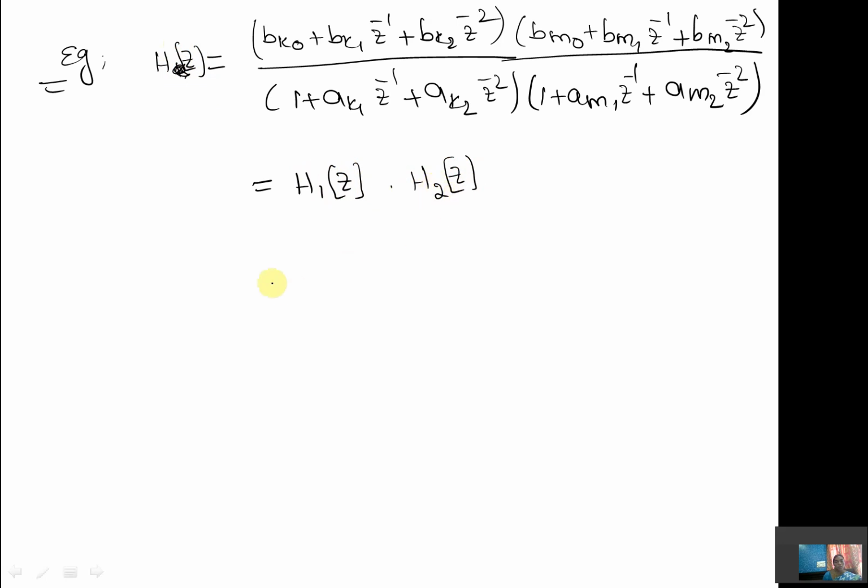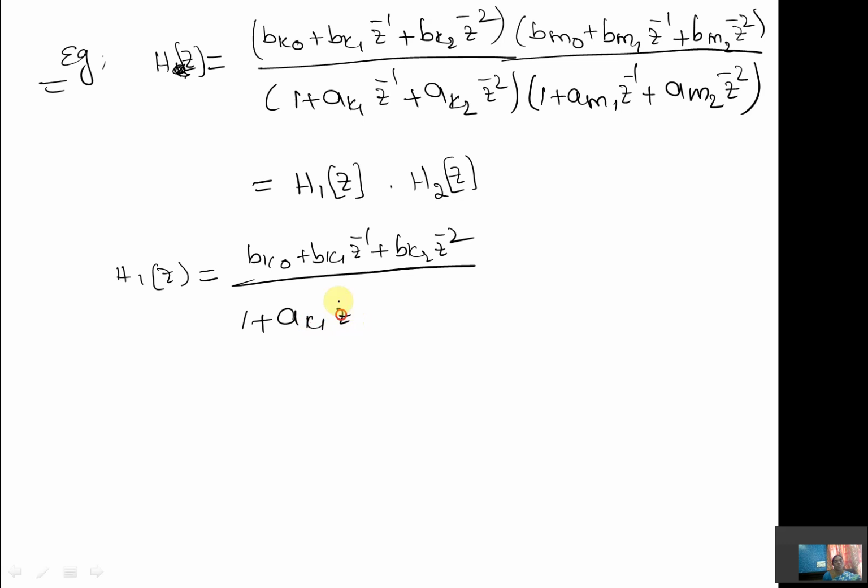One is H1(z) and the other one is H2(z), where H1(z) is nothing but the first one, (bk0 plus bk1 z inverse plus bk2 z power minus 2) divided by (1 plus ak1 z power minus 1 plus ak2 z power minus 2). Similarly, H2(z) is nothing but the second one.